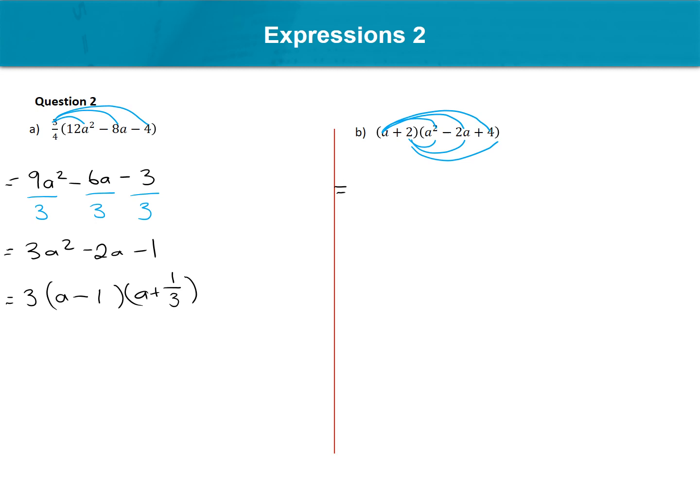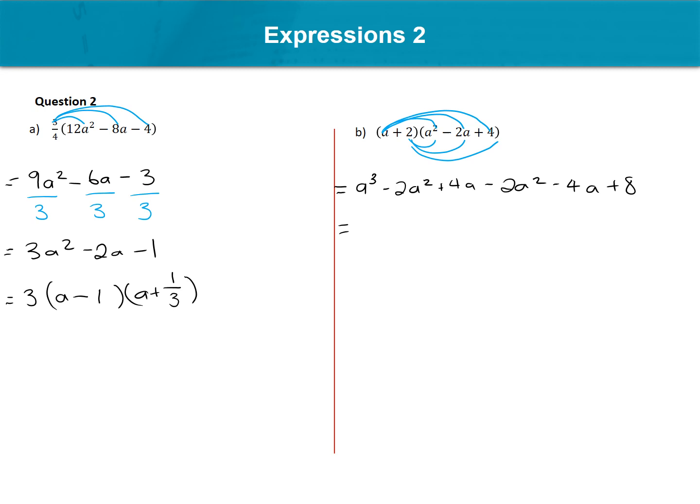So we have a cubed minus 2a squared plus 4a minus 2a squared minus 4a plus 8. And I got all of those just by multiplying the a into the quadratic equation and multiplying the plus 2 into our quadratic equation.